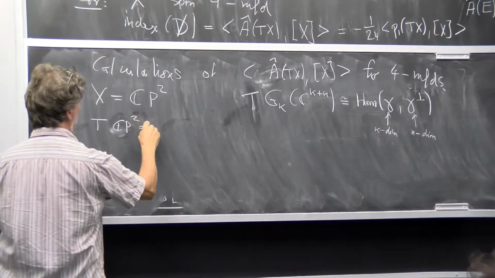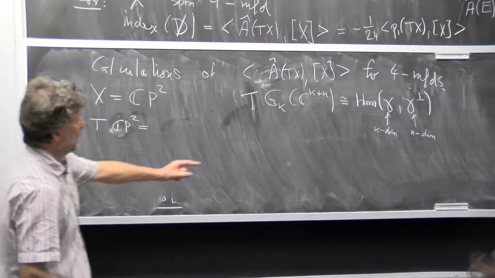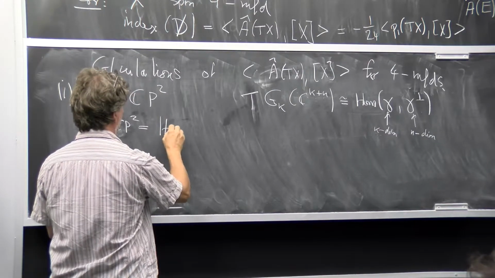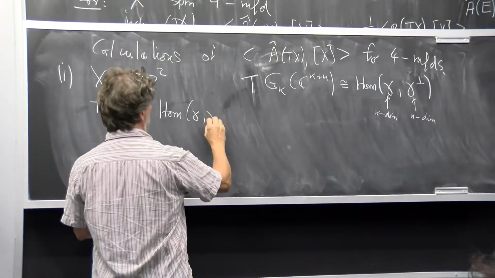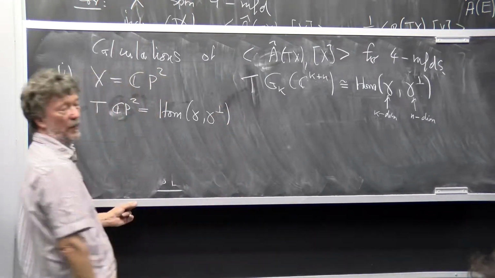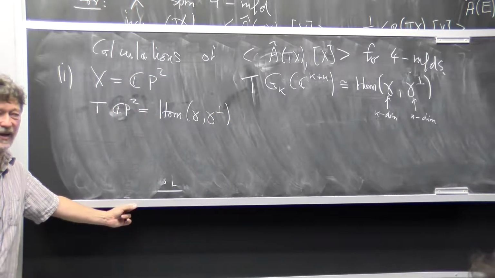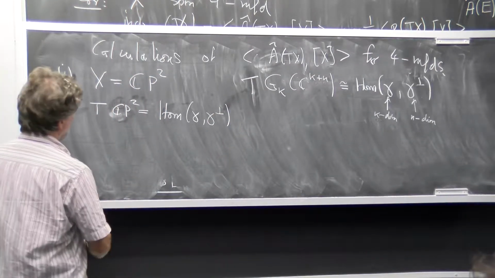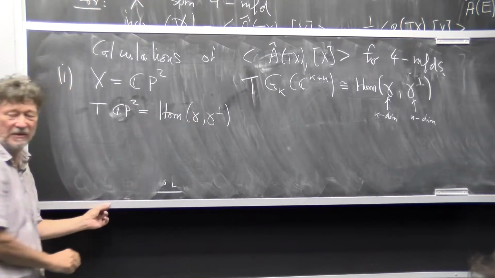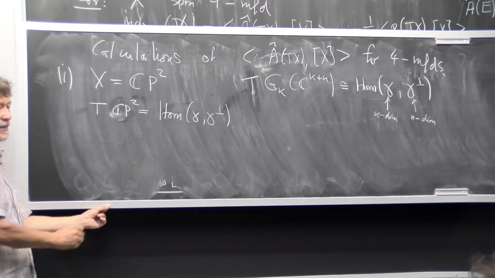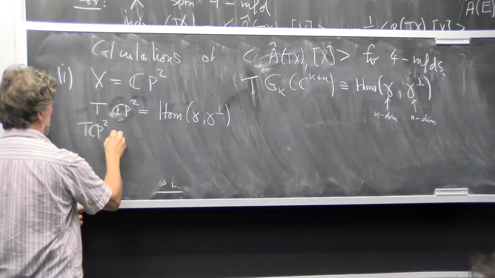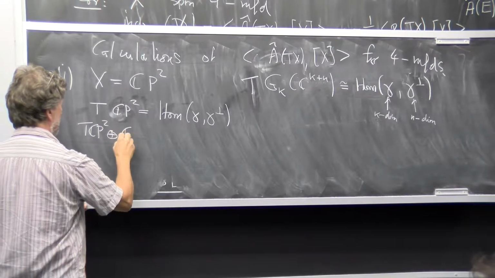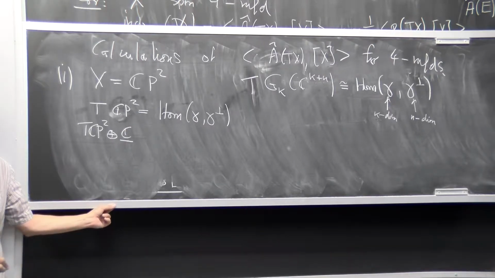And you see, this is Hom from the tautological 1-dimensional bundle into the tautological 2-dimensional bundle, right? So how do you calculate that? Well, it's actually not hard. Here's a trick. You add to that a trivial complex line bundle.